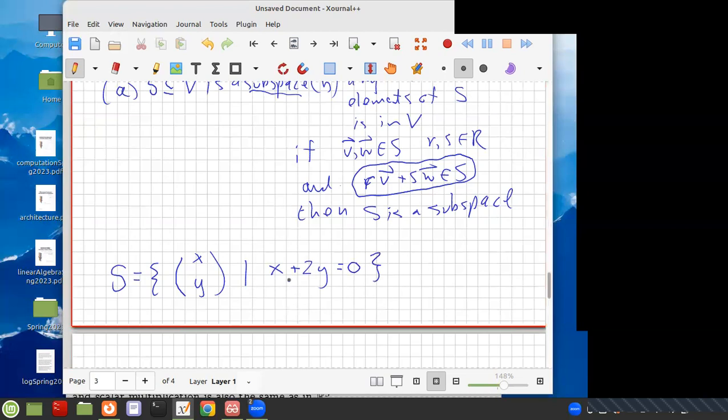Let's just do a two-dimensional example. You recognize this as a linear homogeneous equation, already in echelon form, where x is leading and y is free.